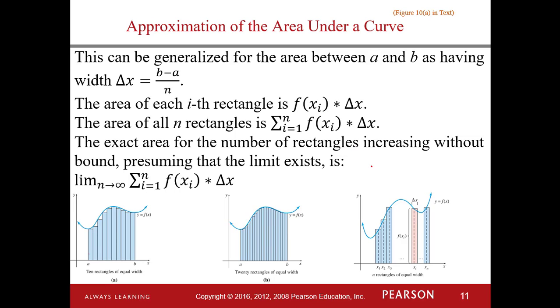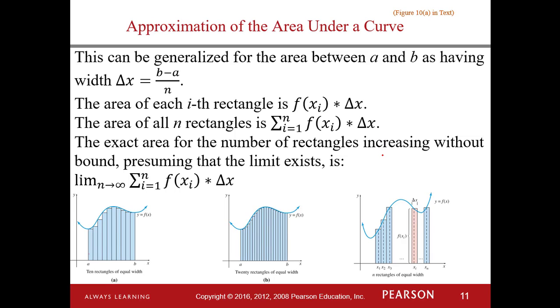And we refer to it as the ith rectangle, since we're just choosing one of the rectangles to calculate the area for. We could do the area of all n rectangles by taking the sum from i equals 1 to n of the value of the function for each of these rectangles times the width, so again, delta x.